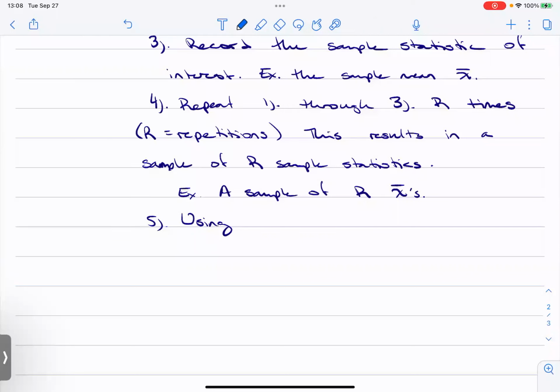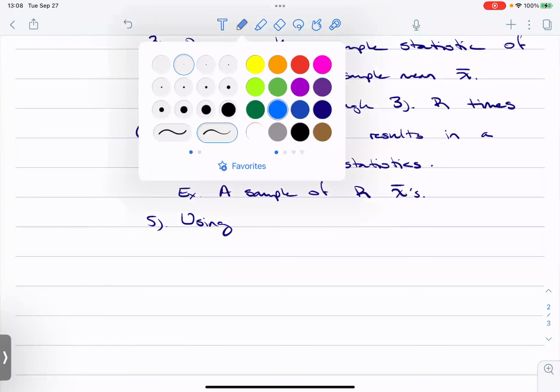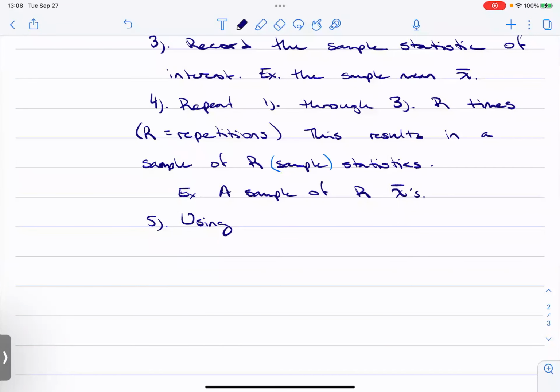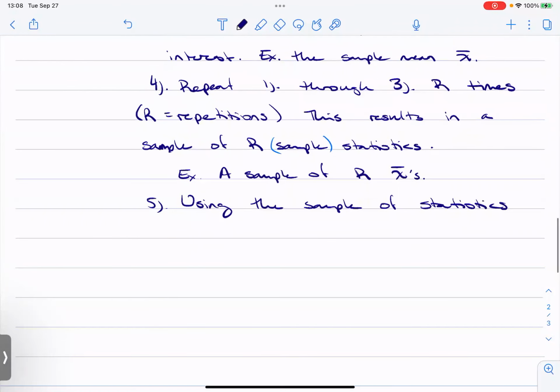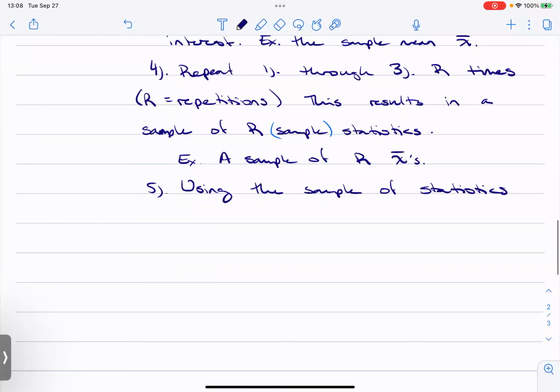Statistics means it's from the sample. So using the sample of statistics, which I'm referring to, for example, the sample of R means.